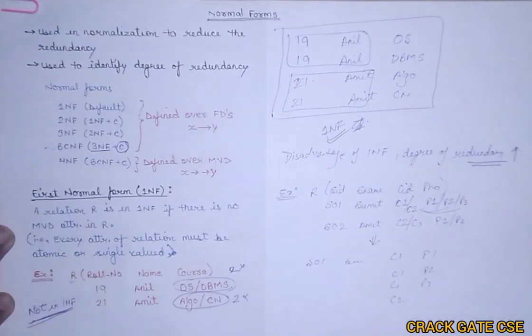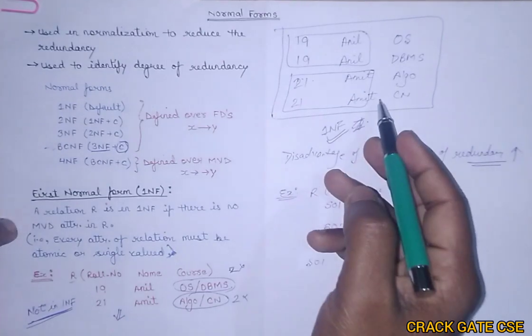To convert this table into 1NF, we write it in single rows: 10 Anil OS in one row, 19 Anil DBMS in another row, 21 Amit Algo in one row, 21 Amit CN in another row, like this.